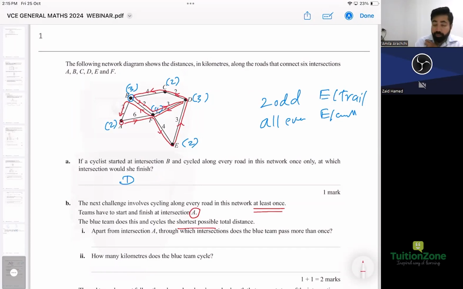They asked, apart from point A, which other vertices did you go through more than once? What are the answers by looking at the diagram? Even if you do it differently, you get the same answers.